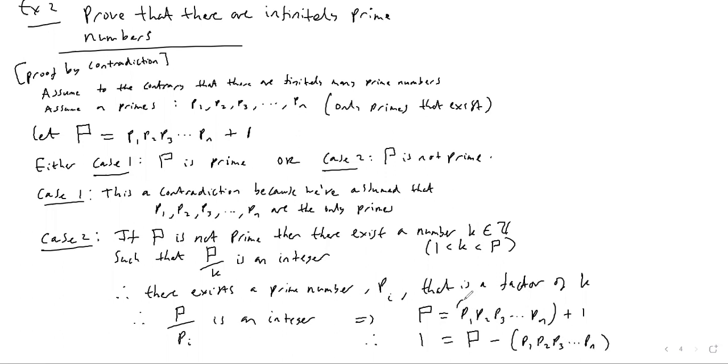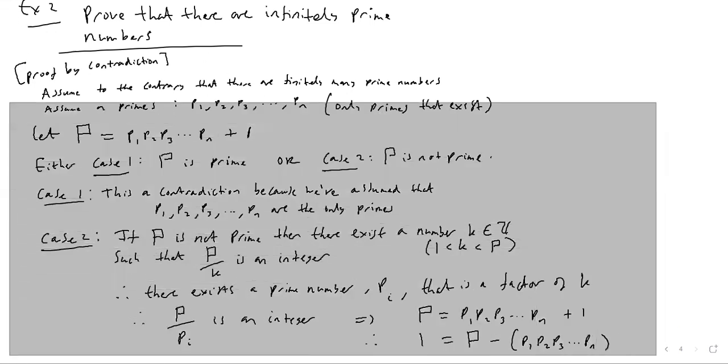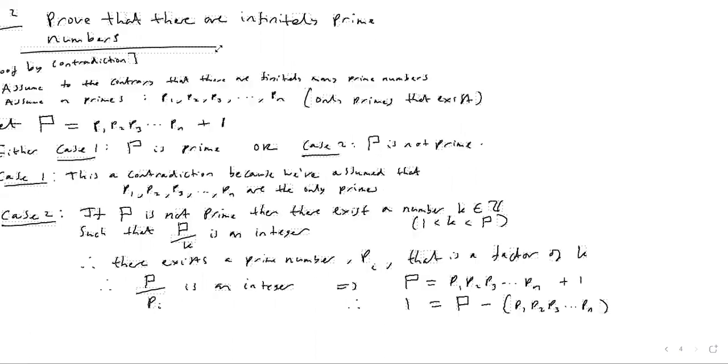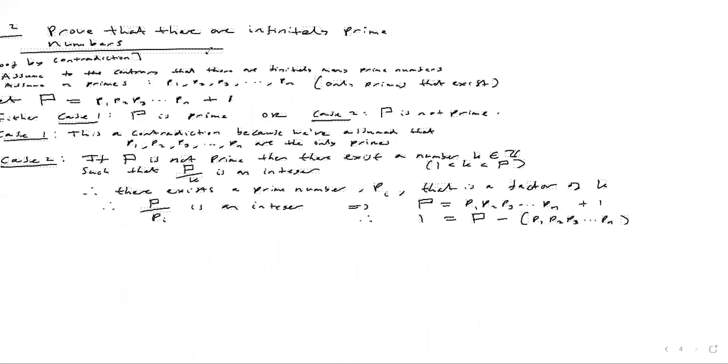I've just taken away this number from both sides of the equation to get 1 equals capital P take away that. So what we can do now is divide both sides by this prime number, this Pi. Let's see what we get if we do that. I'm just going to try my best to make my writing smaller.